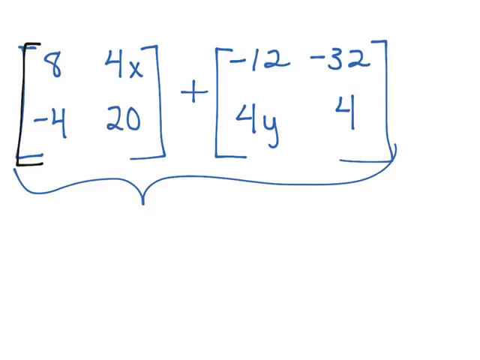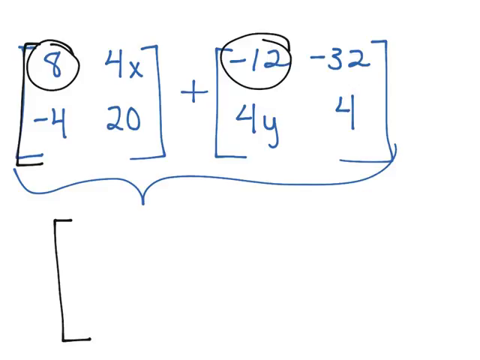And in order to add them, we just take the corresponding entries and add those numbers independently. So 8 plus negative 12 is negative 4. And then here we just have 4x minus 32. And then 4y minus 4 and 24.